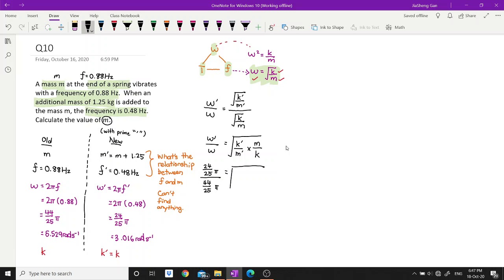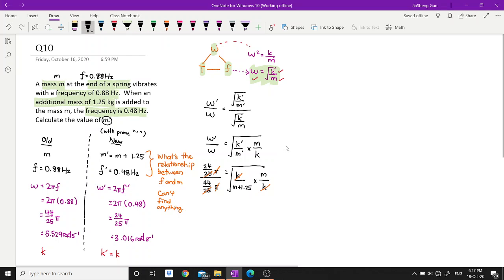For here, you know that K prime is equal to K. So K divided by M prime, which is M plus 1.25, multiplied by M, and K is still K. So I believe there are a few things we can cancel out.